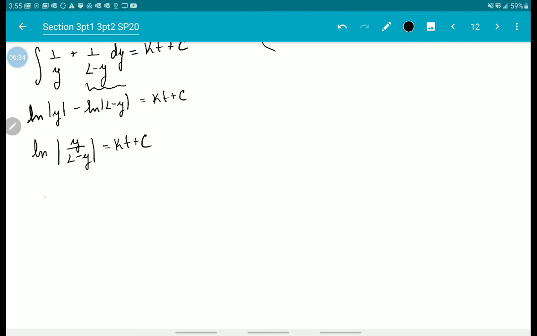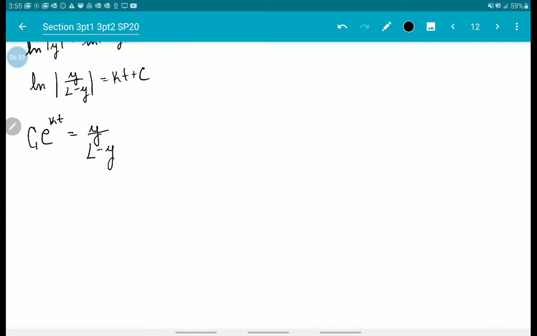And I'm going to rewrite this as an exponential function. So I have e to the kt plus c, which is just going to be c1 e to the kt, is equal to y over L minus y. Now let's solve this for y. We can do that by multiplying both sides by L minus y. So I have c1 e to the kt times L minus y is equal to y.